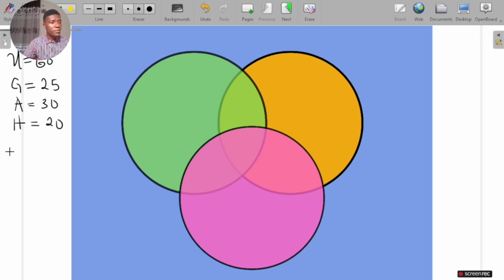Let H represent hip hop. And they further give us 10 who listen to gospel and Afrobeat. Let that be G and A, gospel and Afrobeat. And also, we have 8 who listen to gospel and hip hop. Also, we have 12 who listen to Afrobeat and hip hop.